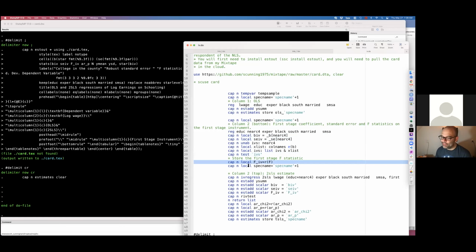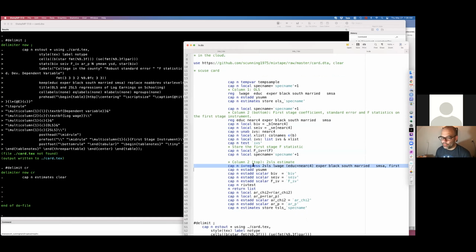And then I use IV regress. Right? IV regress, two-stage least squares, the outcome. I instrument for education with college in the county. I control for my covariates. I report the first stage information. It's going to save a bunch of statistics. It's going to save the mean and the variance of the outcome.